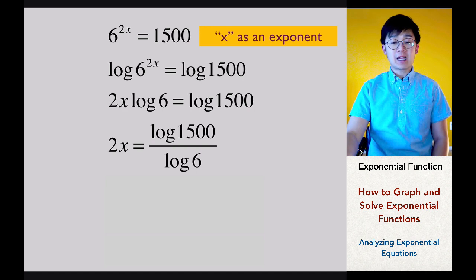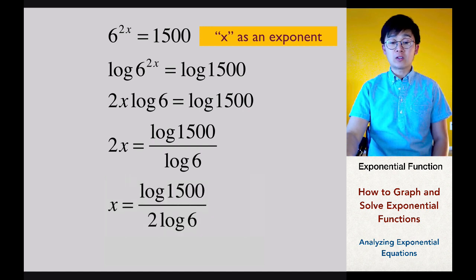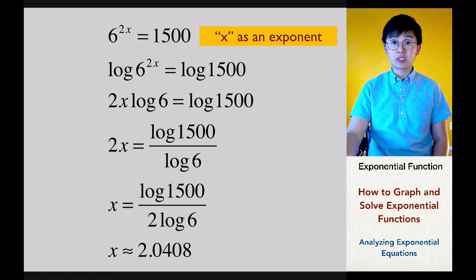So, para matanggal natin si 2 by x, i-multiply natin yung both sides ng 1/2. So, meron tayong x equal to log of 1,500 all over 2 log of 6, and using our calculator, it will give us 2.0408. So, yan yung pagsagot ng exponential functions using the properties of logarithms.